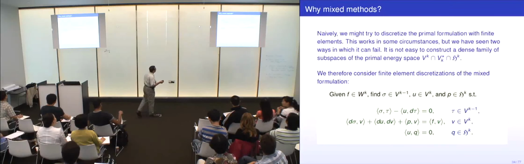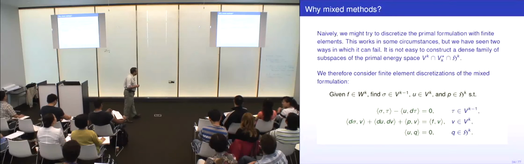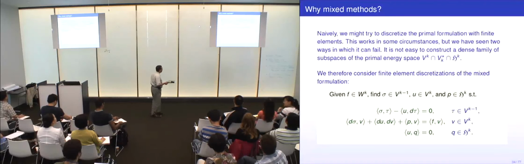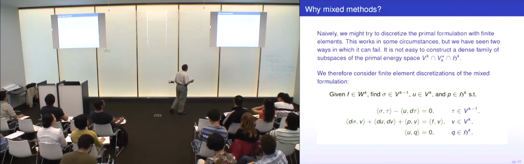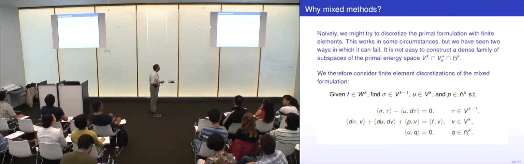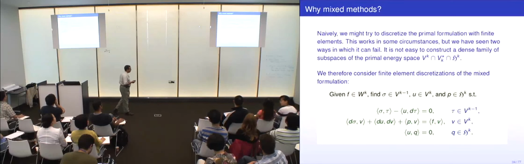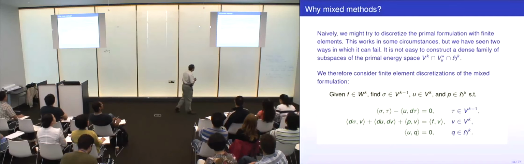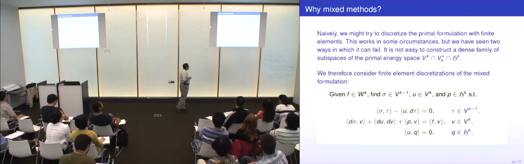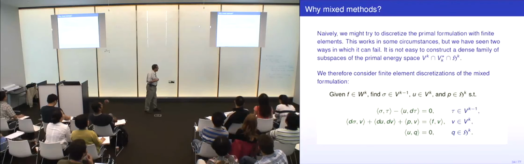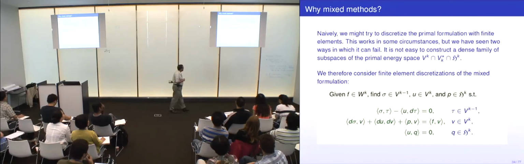Here's a point I've already made enough times that I barely have to repeat: we have a primal formulation and a mixed formulation, but the primal formulation is a problem. There are cases in which it works, but there are cases where it gives real difficulties, and so we're interested in the mixed formulation. This is exactly what's been on previous slides. We're given an f in W^k, and we want to find a sigma and a u in V^(k-1) and V^k.